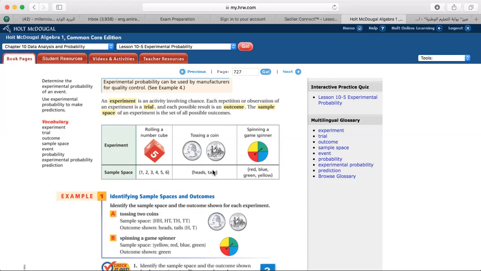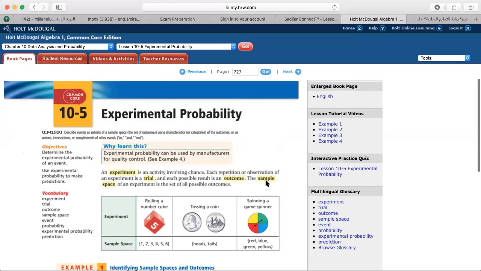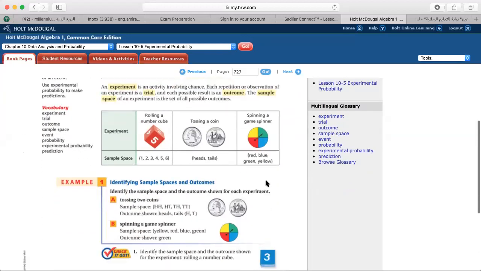I do not have any other possible outcomes. Spinning a game spinner: as I see here, I have only 4 colors. So when I spin a game spinner, I have only 4 possible outcomes: yellow, green, blue, and red. I don't have any other possible outcomes.